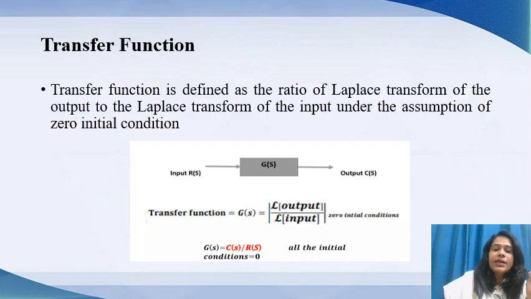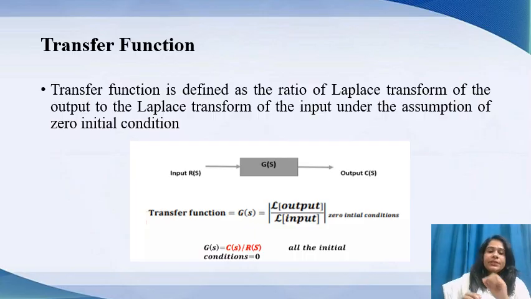Transfer function. Transfer function of any physical system is that mathematical function from which we can determine the complete dynamic behavior of any system. It is an operational method of analyzing the performance of the system in terms of time response, accuracy, and stability.